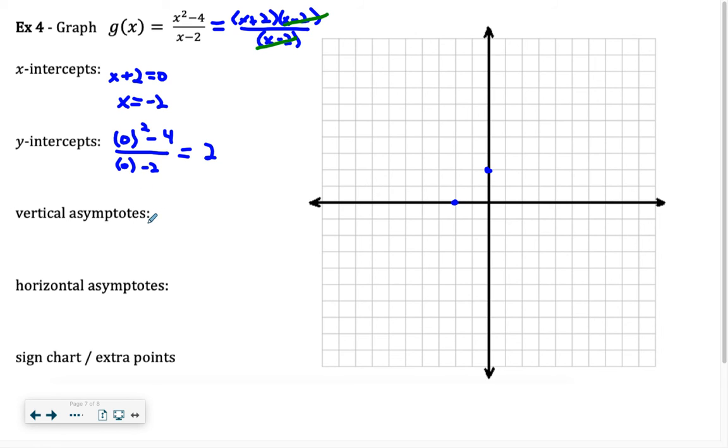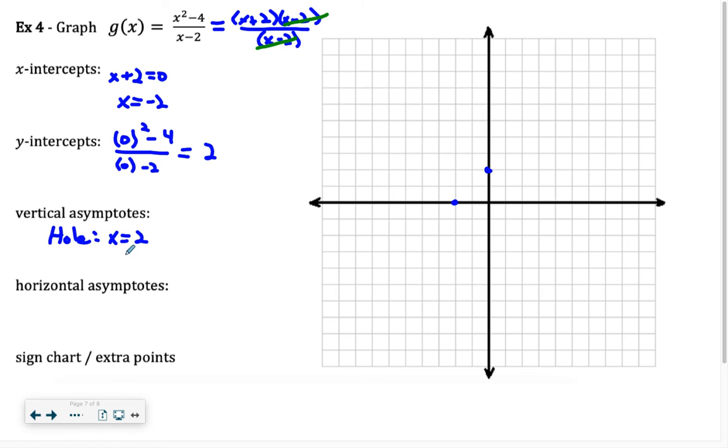So we don't have any vertical asymptotes because I don't have any denominator left, but I will have a hole in this case. I will have a hole wherever that factor is. Okay, so at x minus 2, we want to think about setting that equal to 0. So if I set that factor equal to 0, I would get x equals +2.